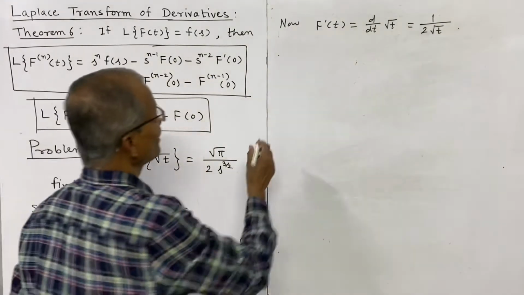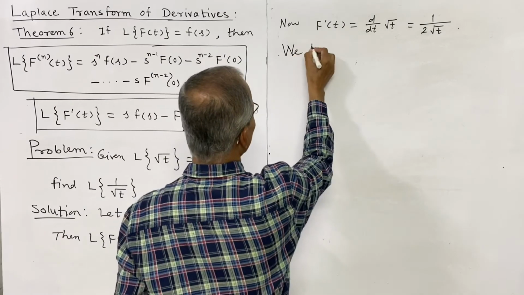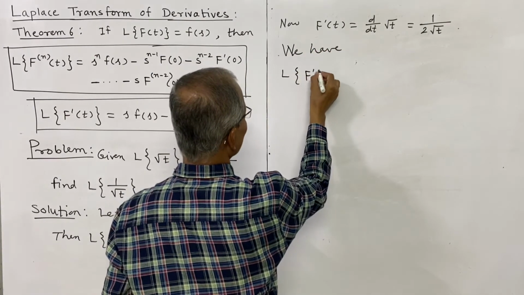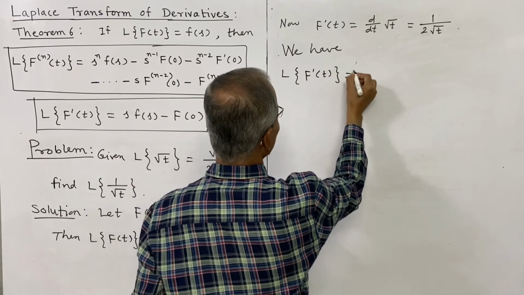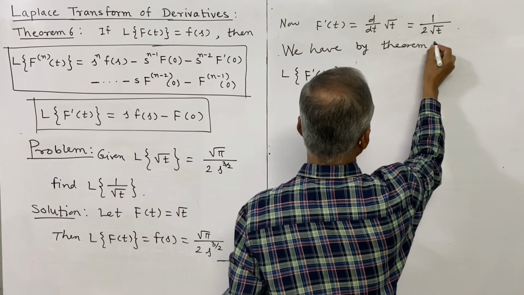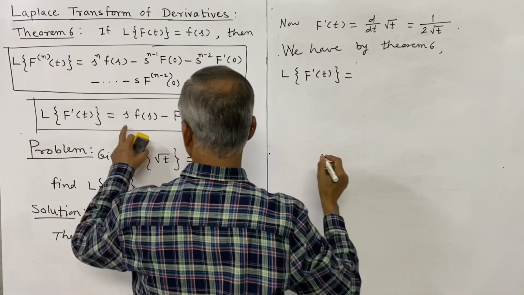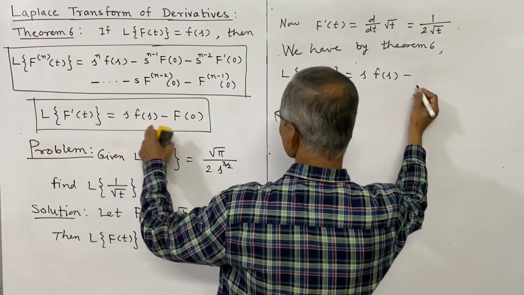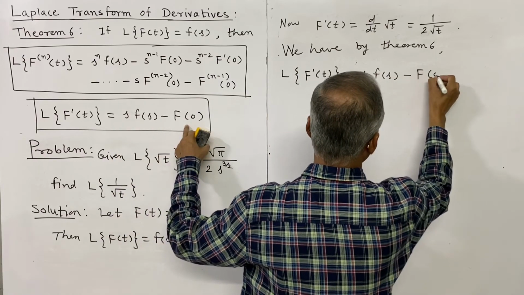We have Laplace transform of f dash of t, by theorem 6, is s into capital F of s minus f of 0.